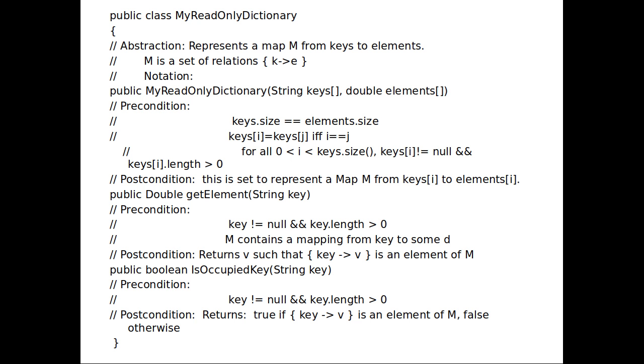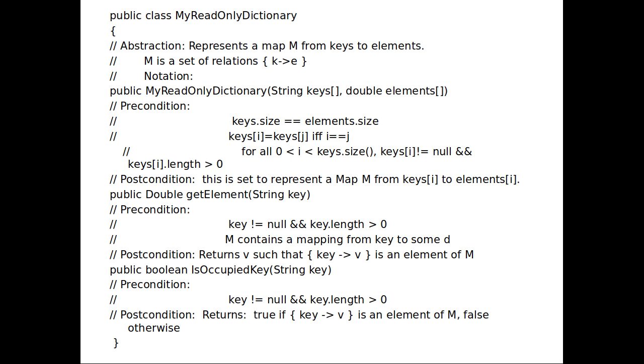Okay, my read-only dictionary here. Abstraction represents a map from keys to elements. M is a set of relations. So here's several methods. Here's a my read-only dictionary, keys and elements. The precondition is the keys have the same number of elements, and two keys are equal only if they are the same.